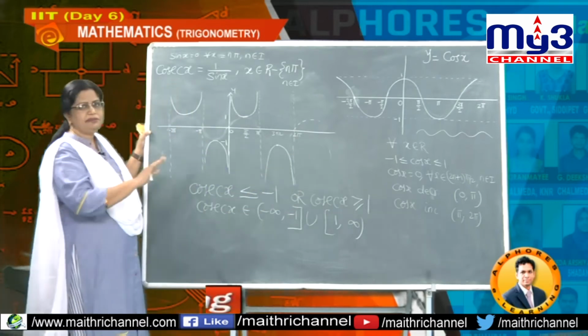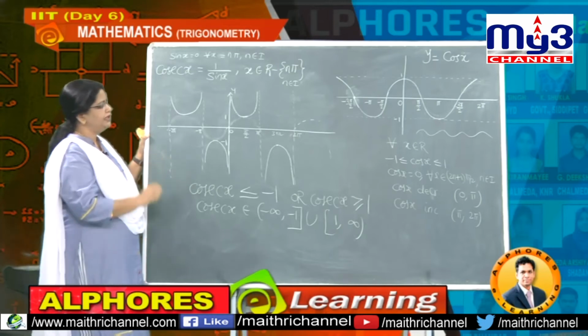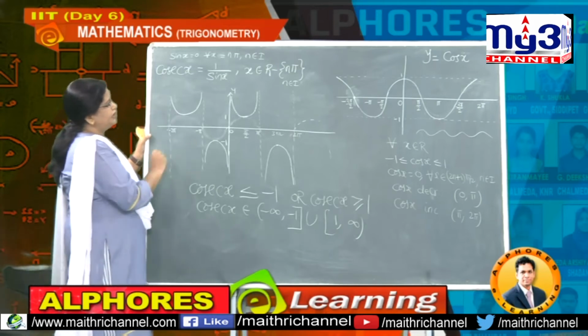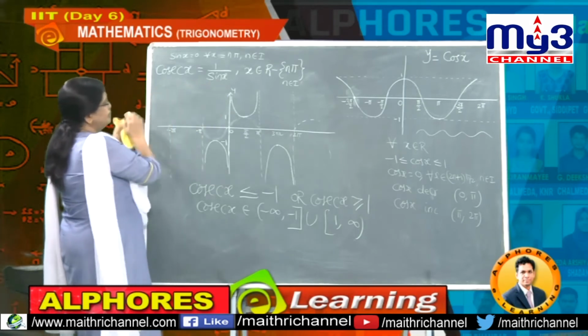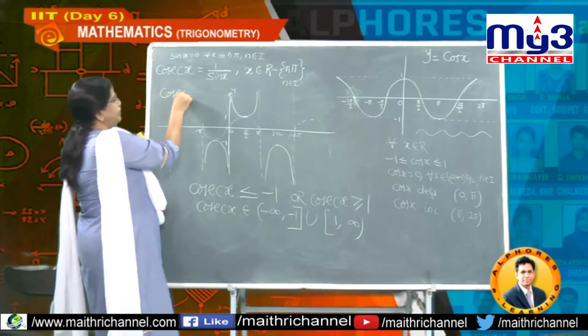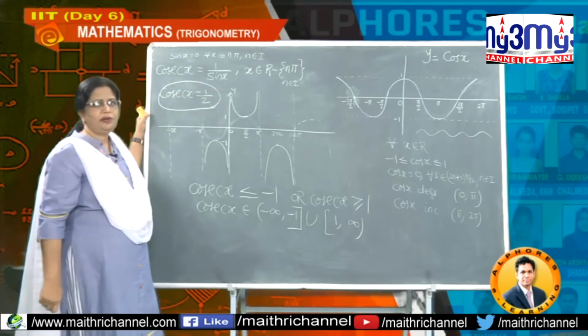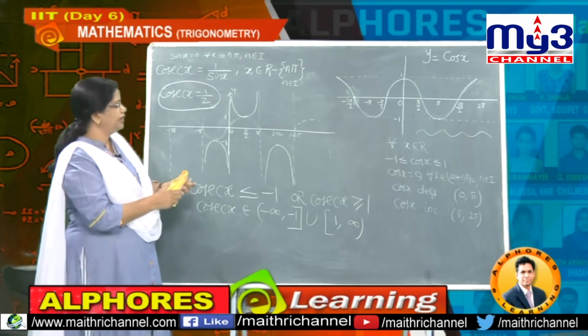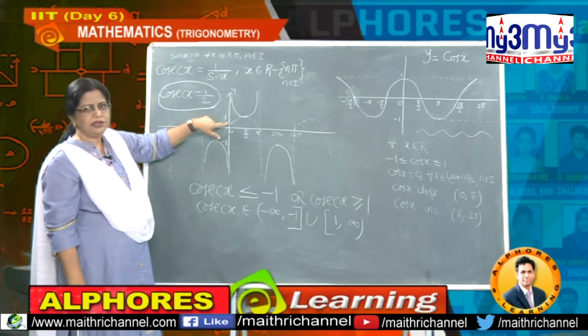So only these values. So what is our other knowledge from this cosecant x function? Suppose I say cosecant x is equal to 1 by 2. Is it the right equation or wrong equation? Cosecant x, will it ever take 1 by 2 here? No doubt, it is not taking, right?